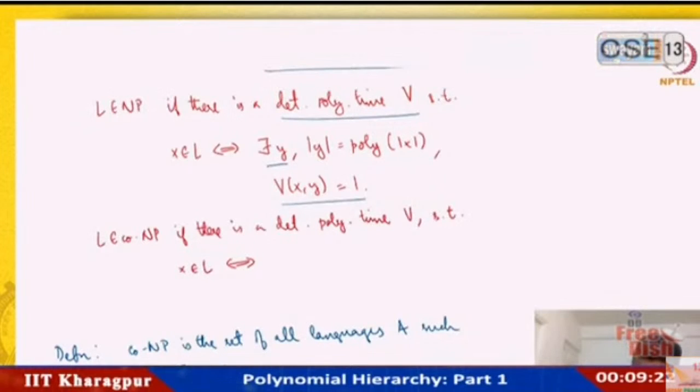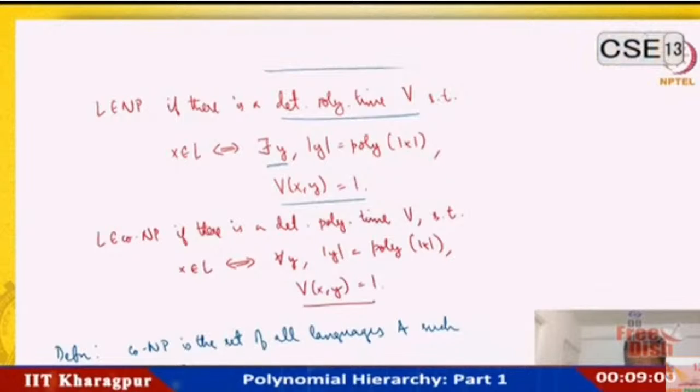So this entire thing over here will be flipped. So for all Y such that the length of Y is polynomial in the length of X, V(X,Y) will be 1.